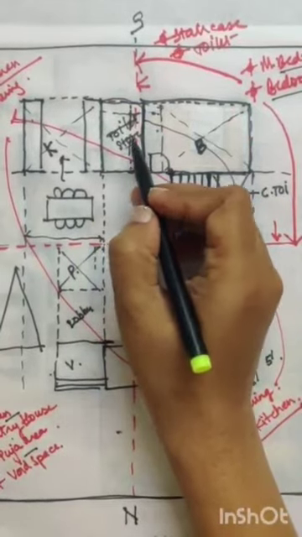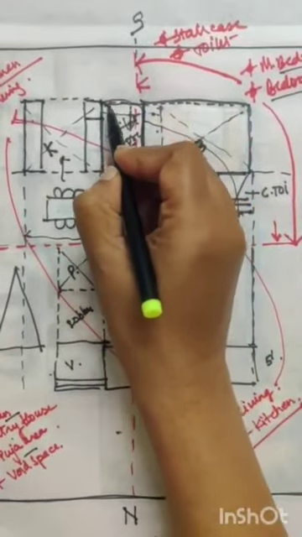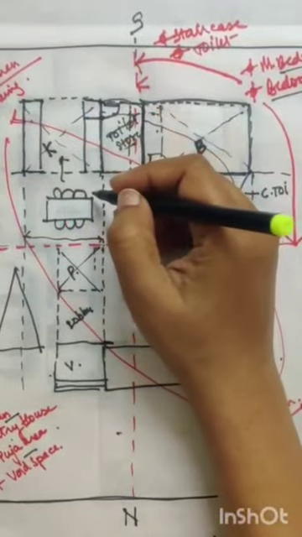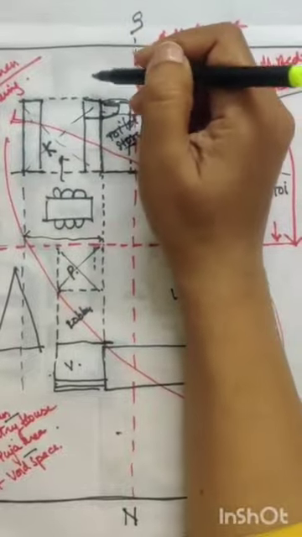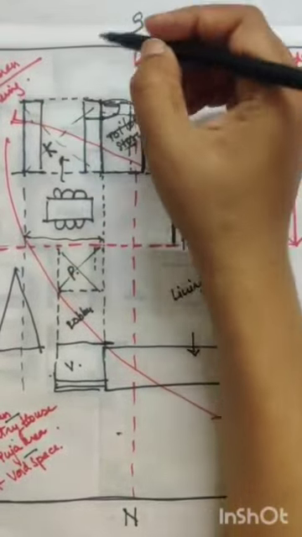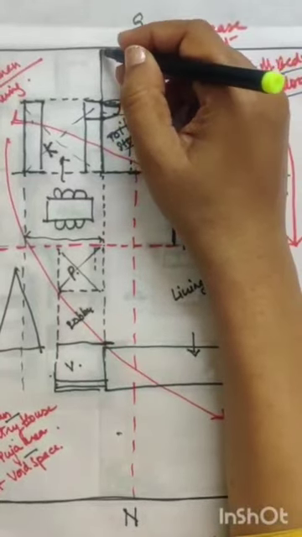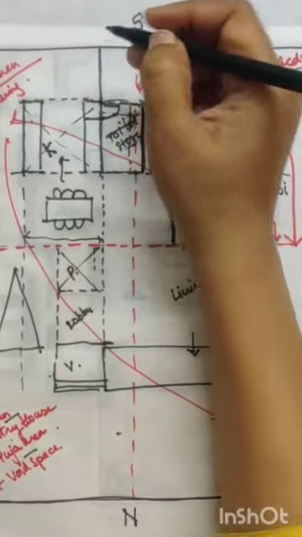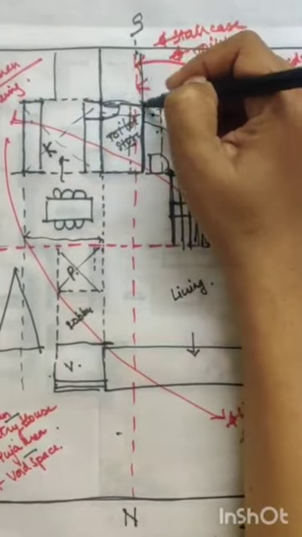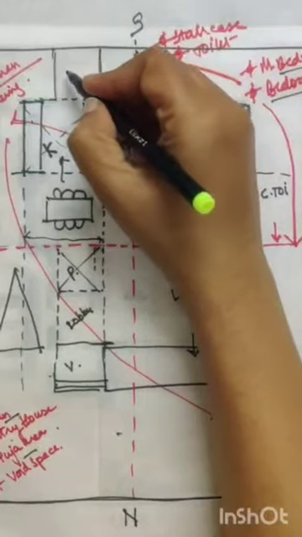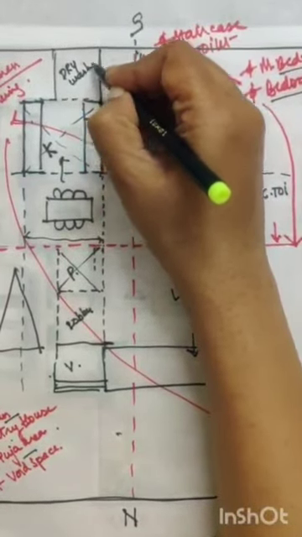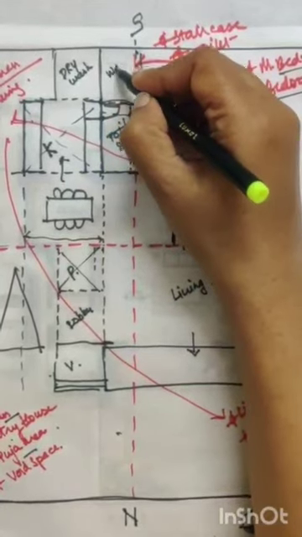But since I have placed a store, I'll cut down my ota here and place the door out here. Since the kitchen is placed close to the corner, whatever area is remaining, I am extending out to the wash area. So here becomes my dry area, wet area.